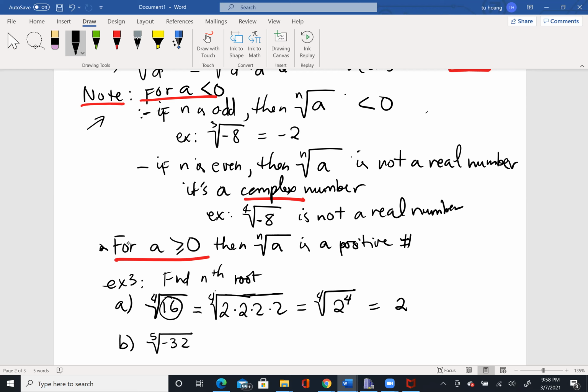So then this root has to be less than 0.